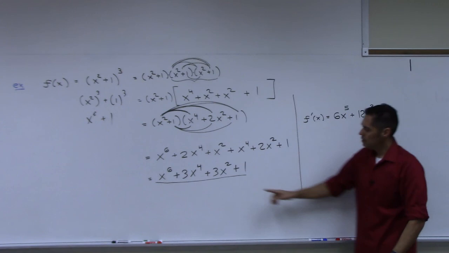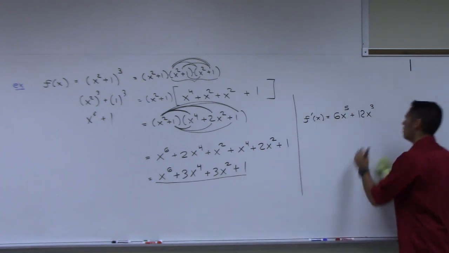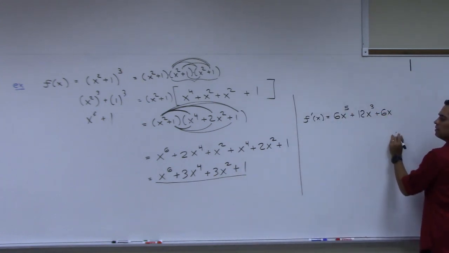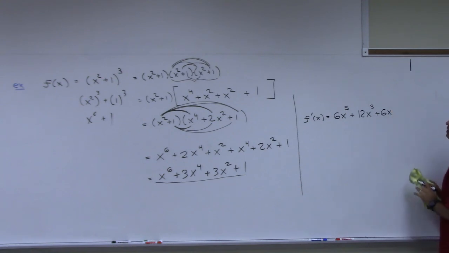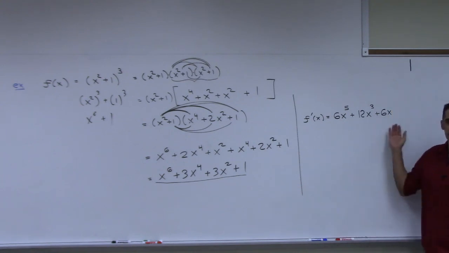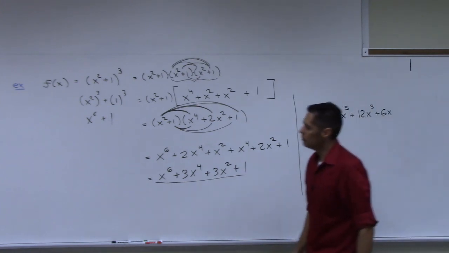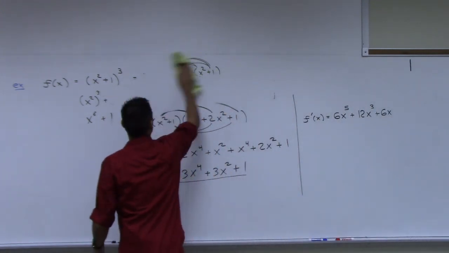Good. Next one. 6, so plus 6x to what power? 1, and then finally 0. So that's it. This is our derivative. What do y'all think?